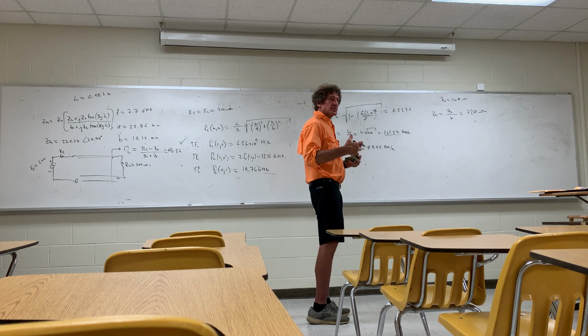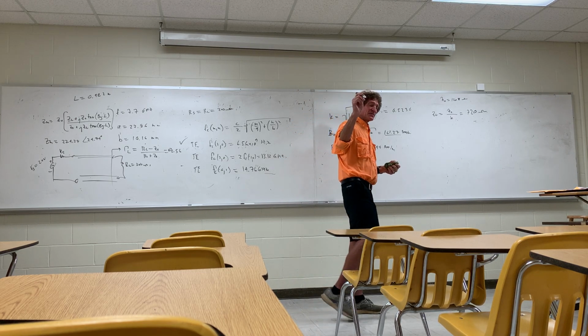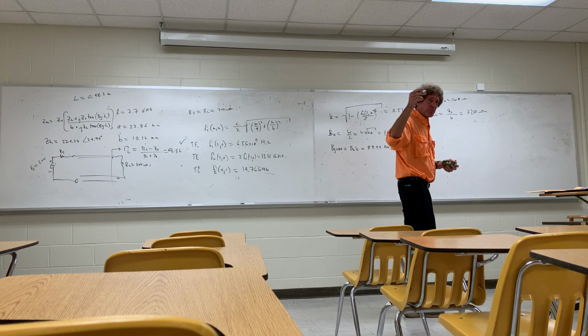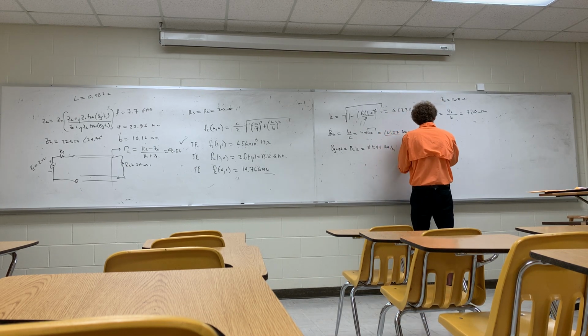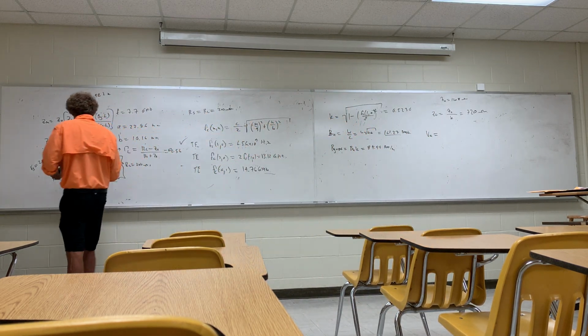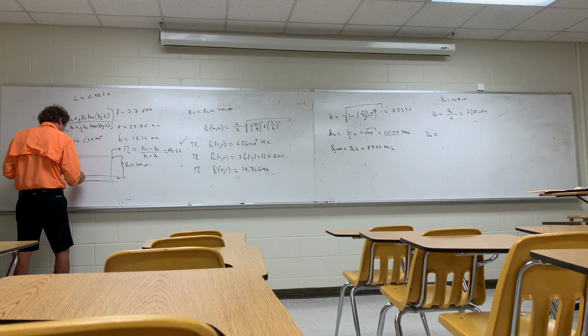Now we get the voltage at the input to the guide. I don't know if I asked for that specifically, but these are the steps you naturally have to take to get the final answers. So we're going to get V in, the input voltage right here, just on the other side of the waveguide into the guide.